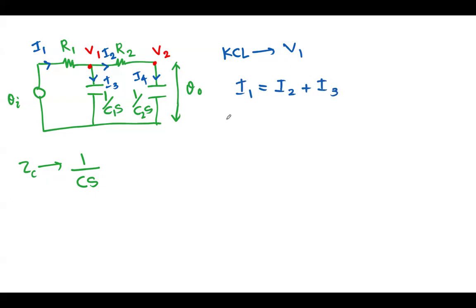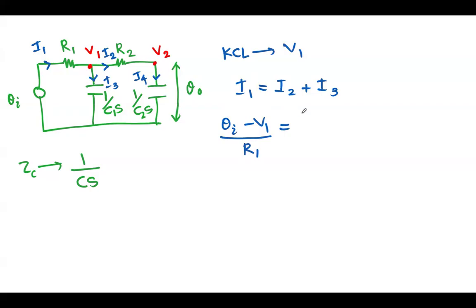For the I1, we can write it based on voltage and impedance value. Then we can write theta I minus V1 over R1 is the I1 current and it is equal to I2 plus I3.